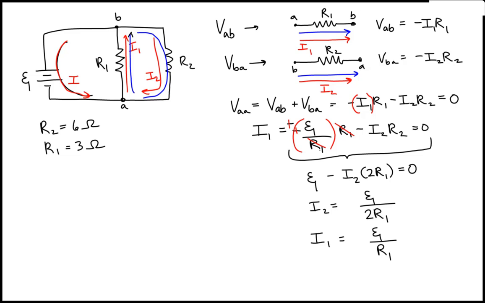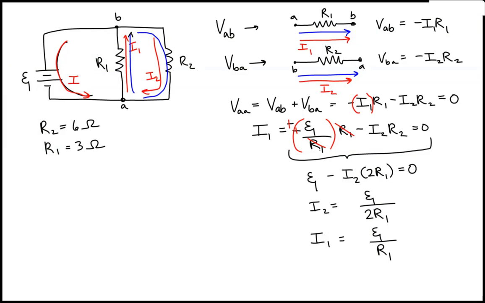Okay, so we found current 1, we found current 2, but we're really trying to find I, the current flowing in the branch of the battery. This is where Kirchhoff's law for current comes into play.